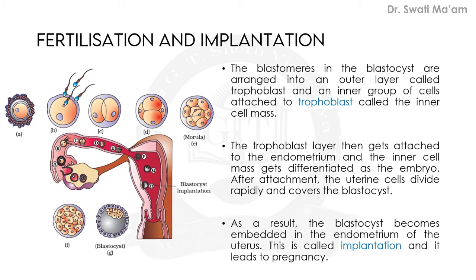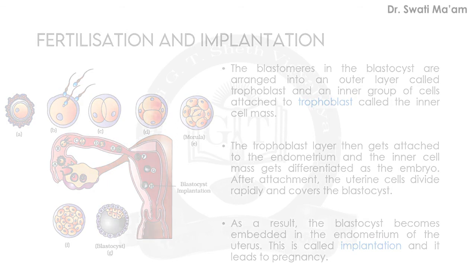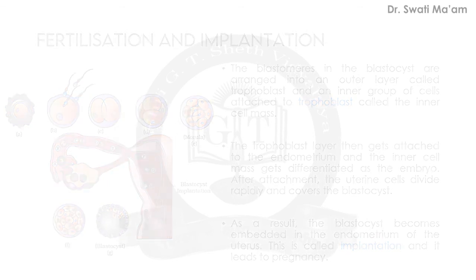In this way, you can see the stages. This diagram is not important to draw, but diagram based questions you are supposed to learn: which event is known as what, which type of process is going on, which part is this, and what the labels are. All these things you should remember.